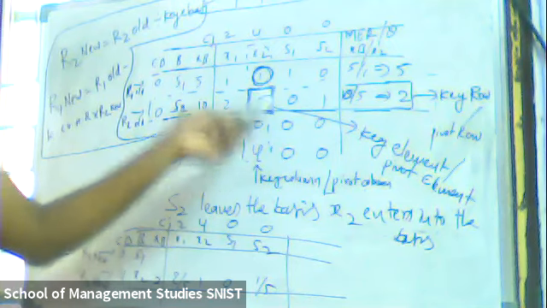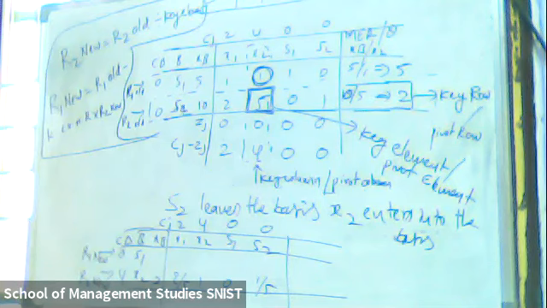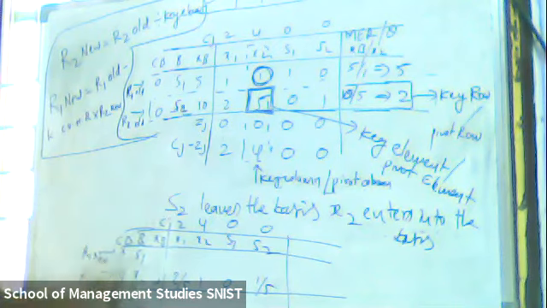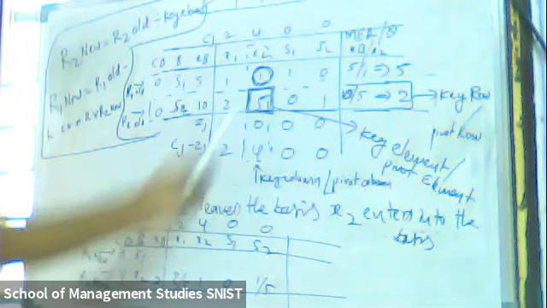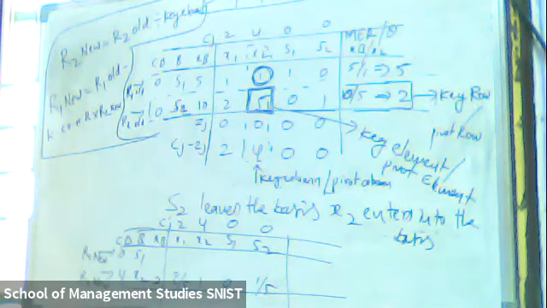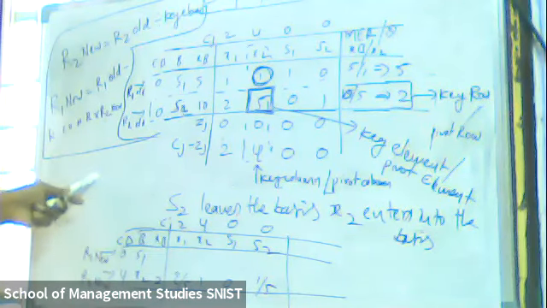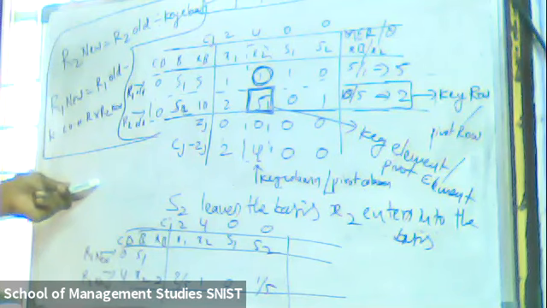Divided by key element. So what I did: 10 divided by 5, 2 by 5, 5 by 5, 1, 0 by 5, 0, 1 by 5. We got the values. Clear? Yes, sir. Now to find out R1 new, you need to write this formula.